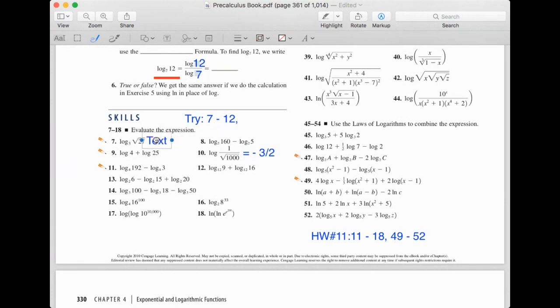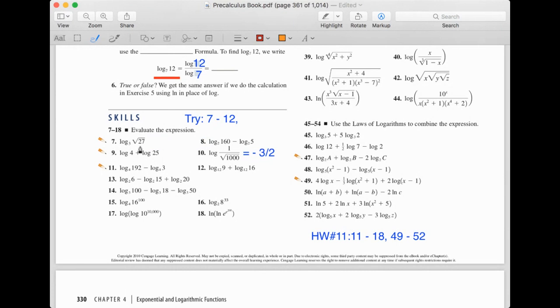Okay. So for 7, I changed root 27 to the power 1 out of 2. So log base 3, 27 to the power 1 out of 2. And then I expressed 27 in terms of 3. So log base 3, 3 to the power 3 times 1 out of 2.